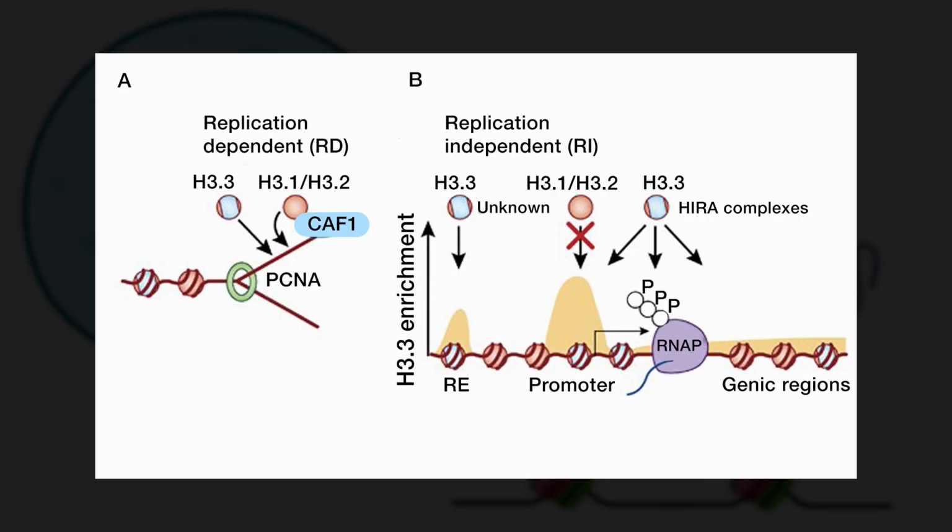Outside the synthesis, or the S phase, replication independent, or the RI, assembly restores nucleosomes displaced during transcription or DNA damage. Histone chaperones such as histone regulator A, or the HIRA, deposit the H3.3 histone variant at actively transcribed genes, thereby maintaining chromatin openness and transcriptional activity.